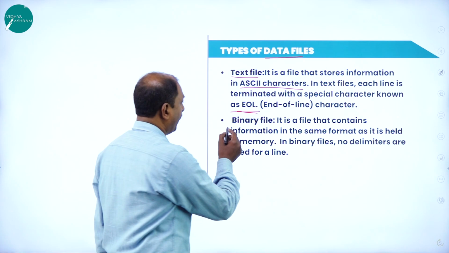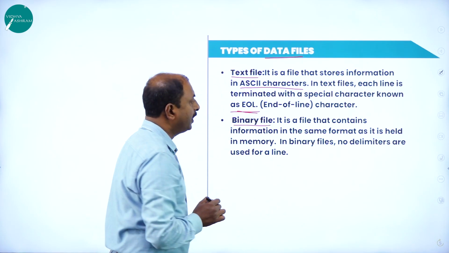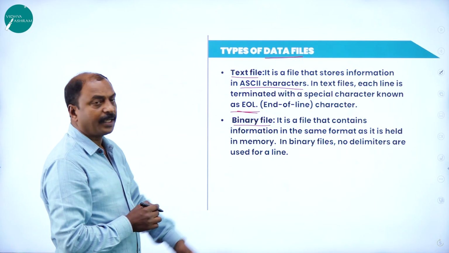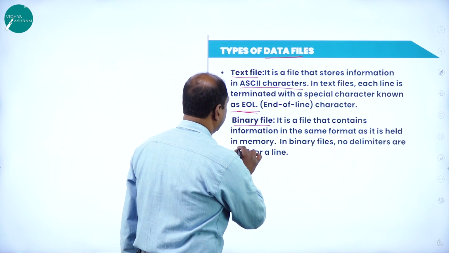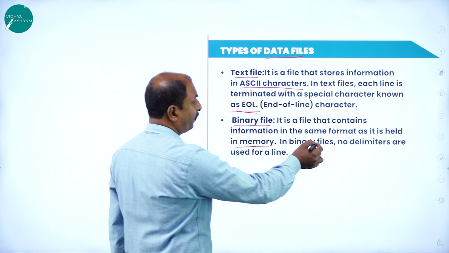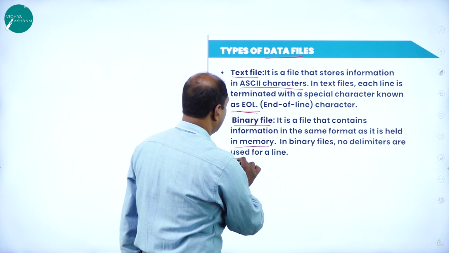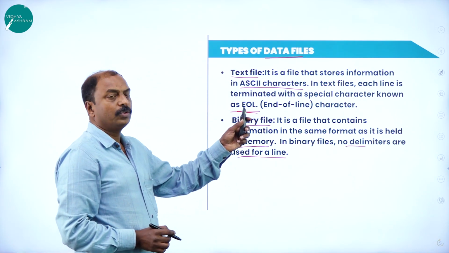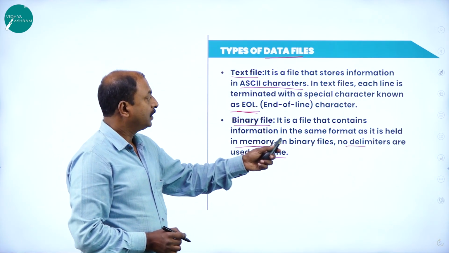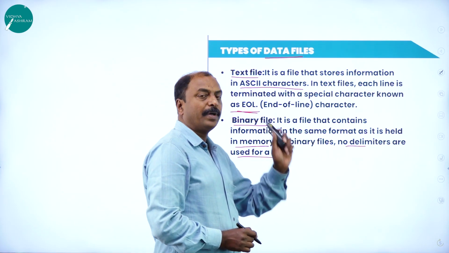Another type of file is called a binary file, and it is a file that contains the information in the same format as it is held in the memory. In binary files, no delimiters are used for lines. A delimiter is like the EOL in a text file, so there is no delimiter in a binary file.